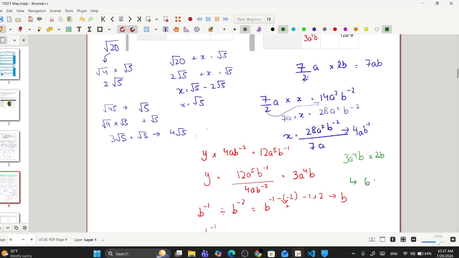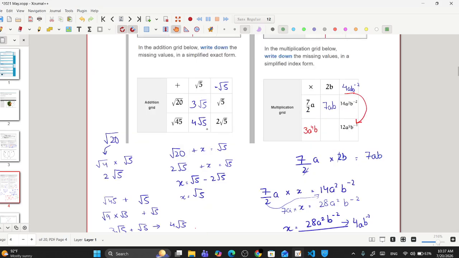A raised to the power of 4 remains as it is, and b multiplied by b becomes b raised to the power of 2. So you get an answer of 6a raised to the power of 4b squared. And that's how we are going to solve question number 2.